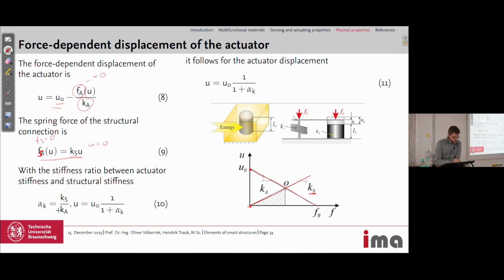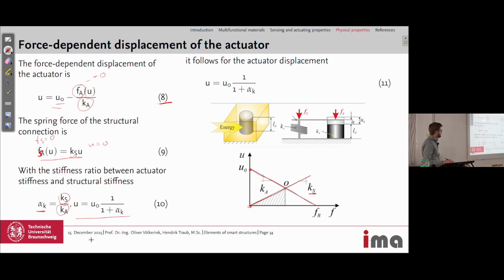Now we can define a stiffness ratio between the actuator stiffness and structural stiffness. So alpha K is Ks divided by Ka. And then we can use this relationship and equation 8 to formulate this equation.